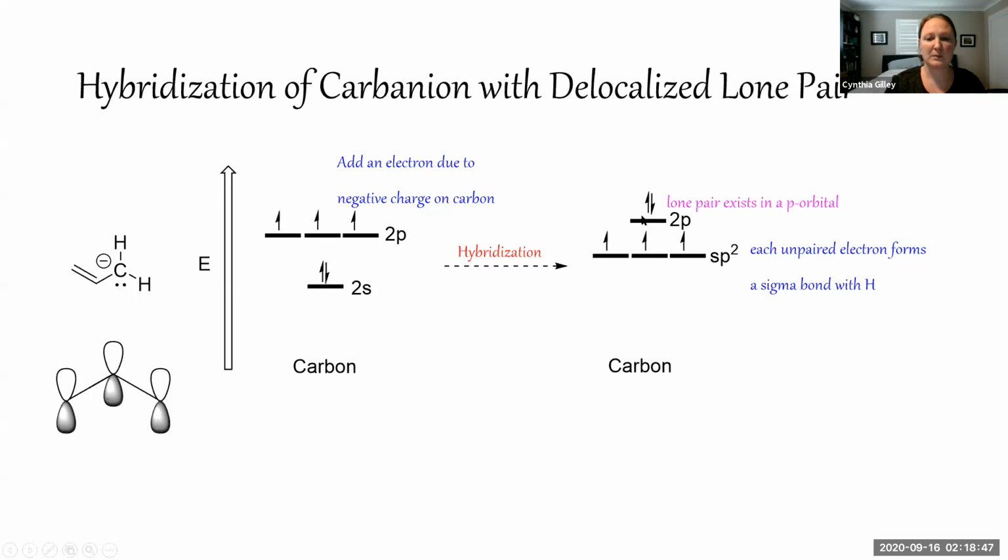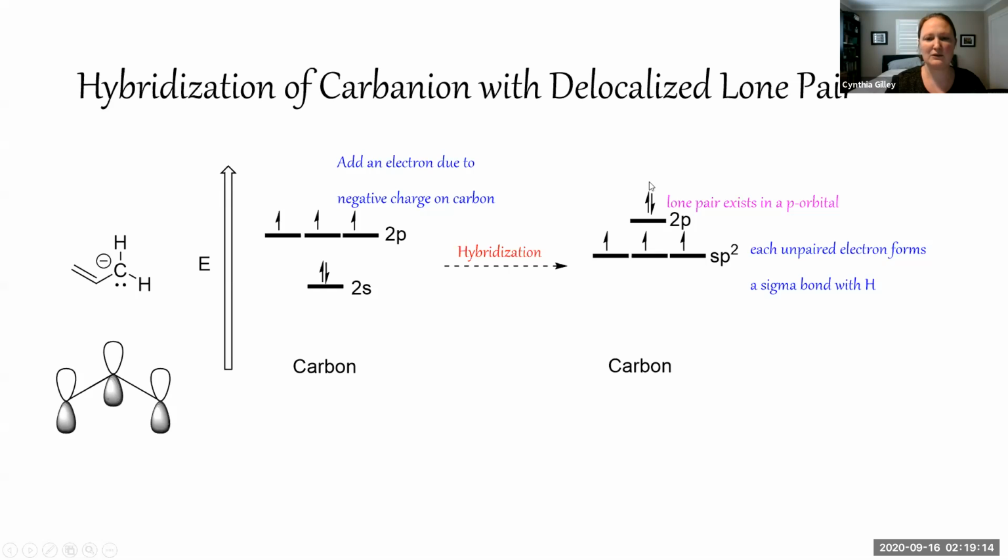But when you have a lone pair in a p orbital, or more specifically a 2p orbital, it's delocalized because it's not stuck in this 2p orbital. It's delocalized over a series of overlapping p orbitals. So it might look like it's higher energy up here in this 2p orbital. This 2p orbital is higher energy than these sp2 hybridized orbitals.